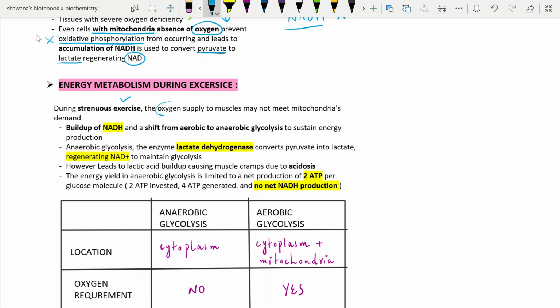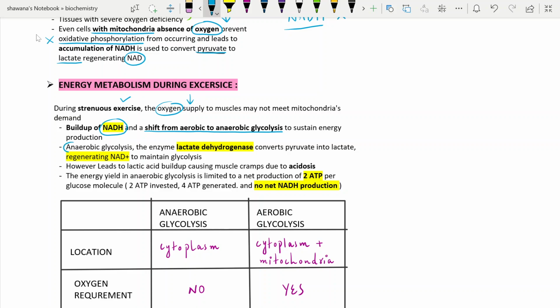The oxygen supply will be low, and oxidative phosphorylation is not working because oxygen is low. So NADH will start to accumulate inside the cell, as I've talked about, this is the rule. When NADH starts to accumulate inside the cell, it will shift glycolysis from aerobic to anaerobic. It's very important.